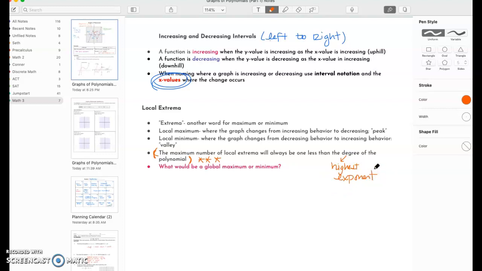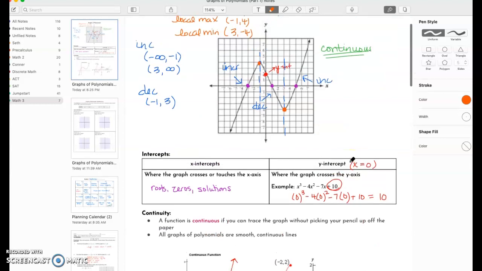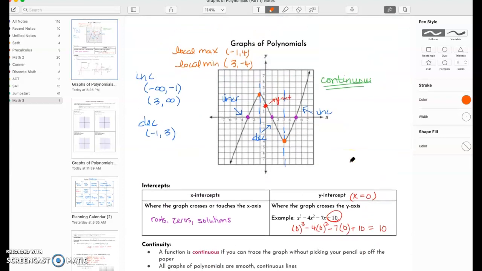So if we go back and think about our graph that we had here, at the top, we have 2 local max or min. So we have 1 less, so we would add 1, which means this is a 3rd degree polynomial. It's a cubic function.